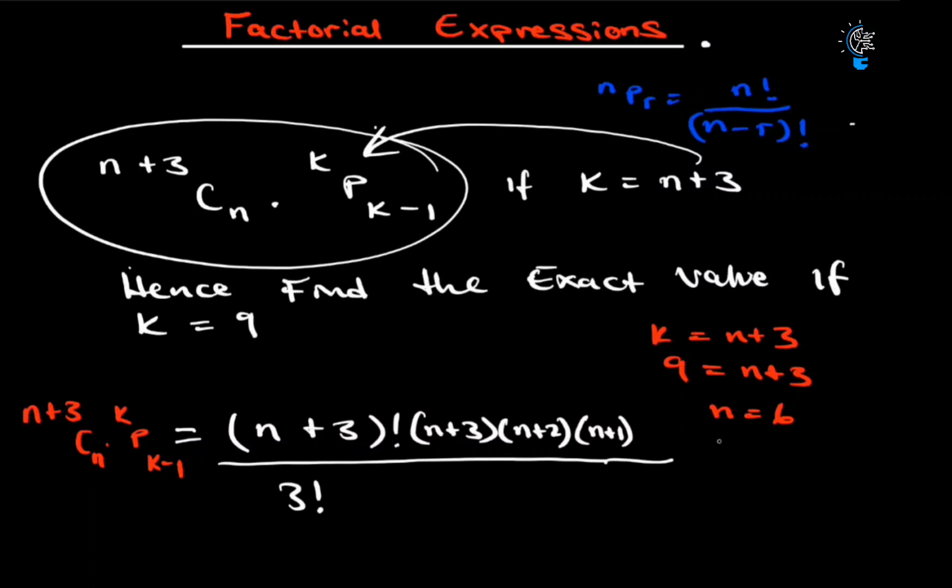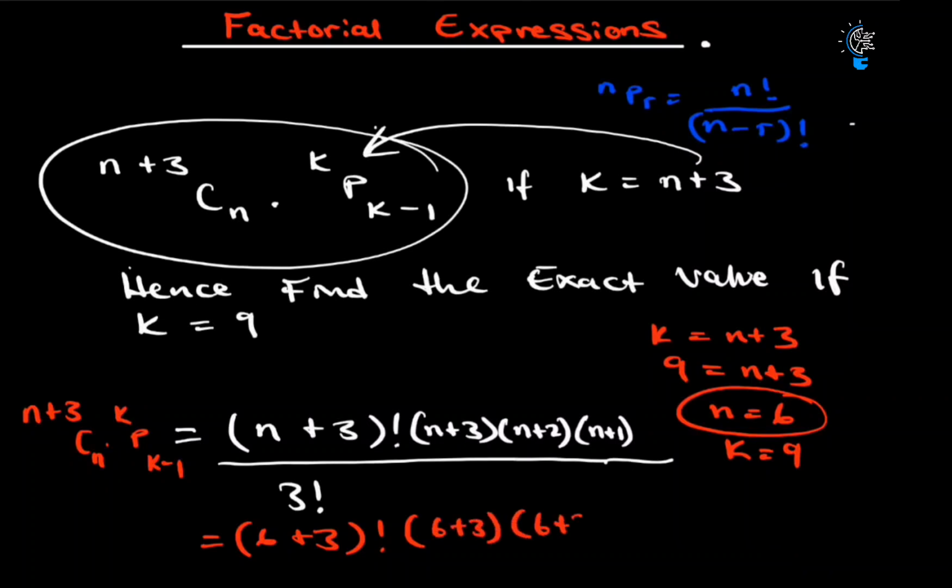So now we have the values, n is equal to 6, k is equal to 9. Just need now to replace them into that one. Since the expression has no k, we are going to use n is equal to 6. So we are going to have 6 plus 3, 6 plus 2, 6 plus 1, divided by a 3 factorial.